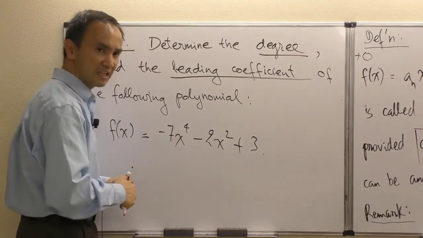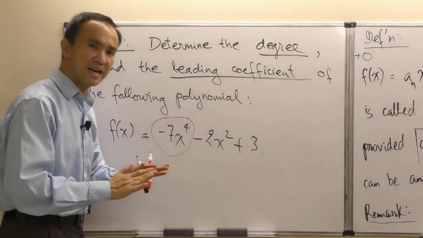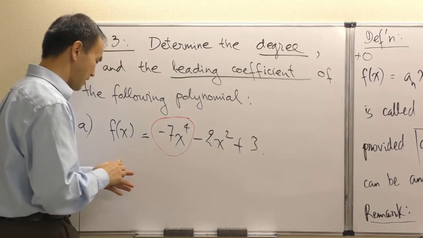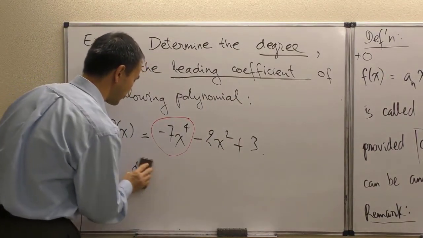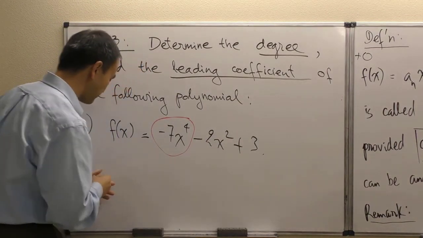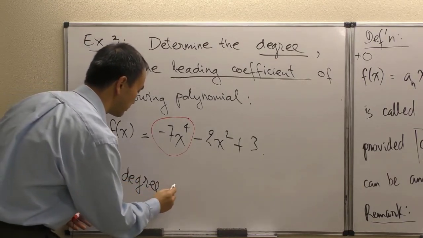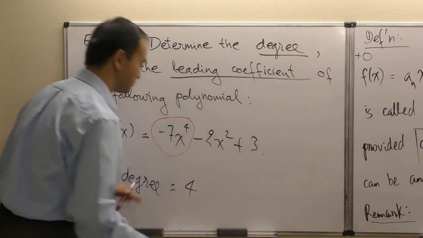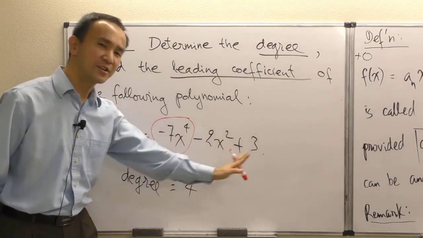Focus right on that leading term, the term that has the highest degree, the highest power. Clearly this one here has degree 4. That's simply the highest power recognized throughout all the terms.